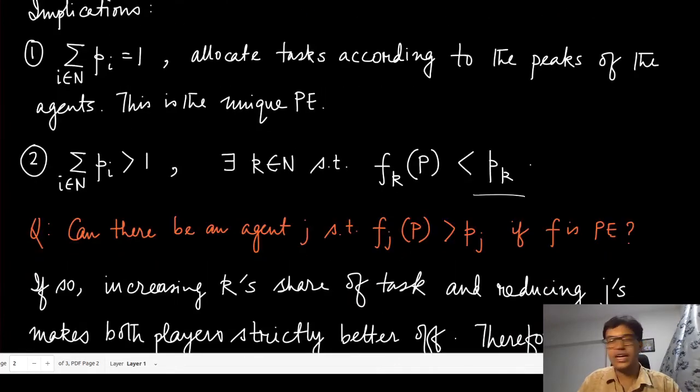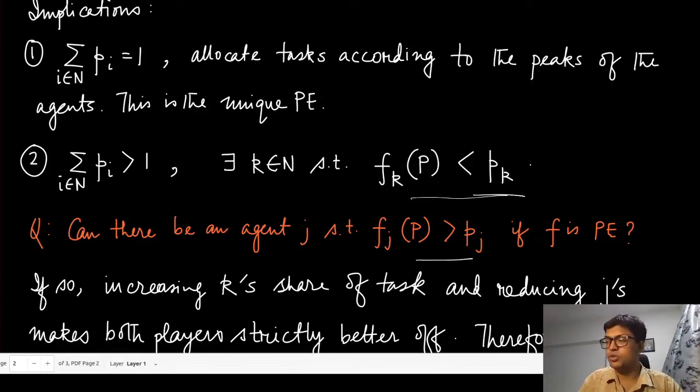Now let us ask this question: can there be some agent j such that its allocation is more than P_j, more than its favorite share of the task, if this social choice function F is Pareto efficient? The answer is no, because we already know that there exists at least one agent who gets less than its peak. Now, if you give someone more than its peak, this agent j will hate that.